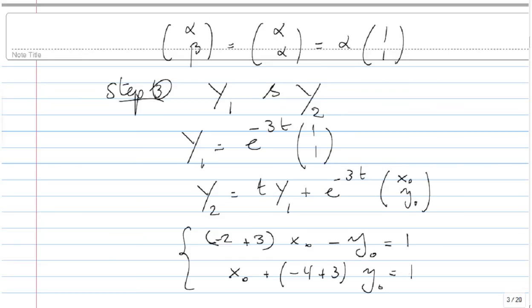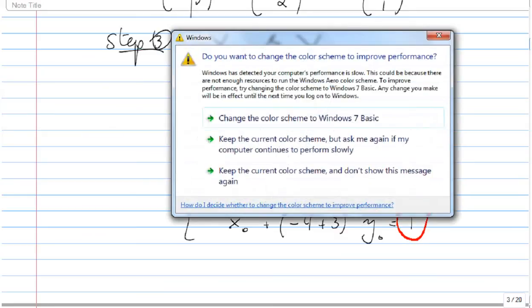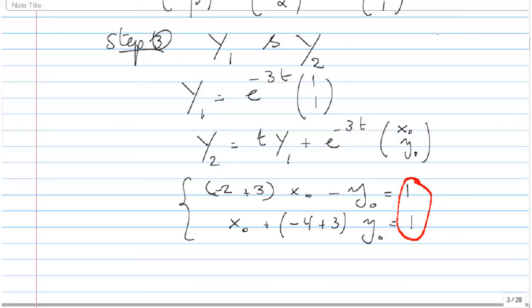If we put 0, 0, we get the eigenvector we found in step 2, but once we have the eigenvector, we put 1, 1 to find x0, y0. This will give us Y2, the second linearly independent solution from Y1. Again, the two equations reduce to one equation, which is x0 minus y0 equals 1.